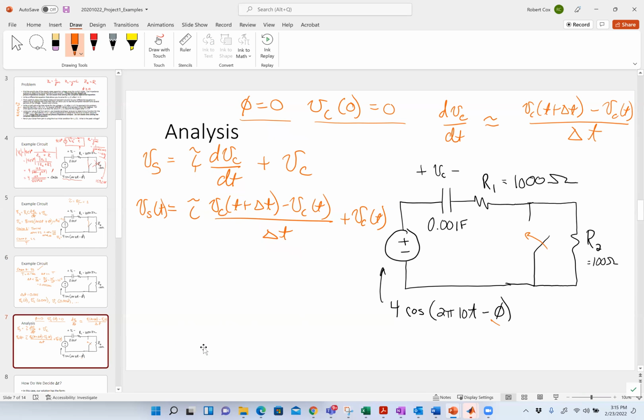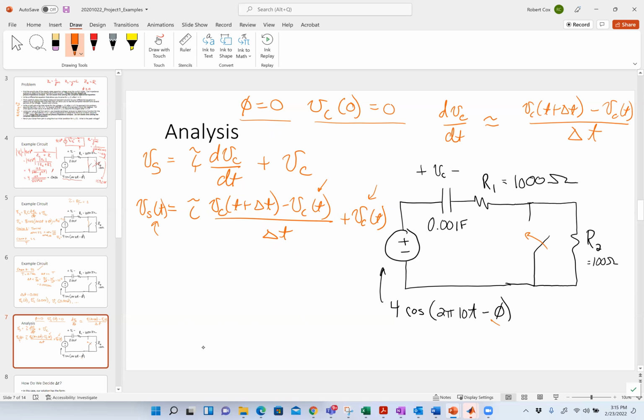So what does this mean? This is the value right now. What is V sub c of t plus delta t? It's the value in the future, one step ahead, right? The value right now can predict for me the value one step ahead.